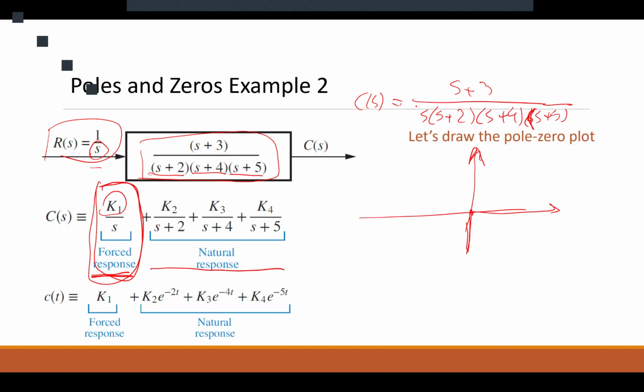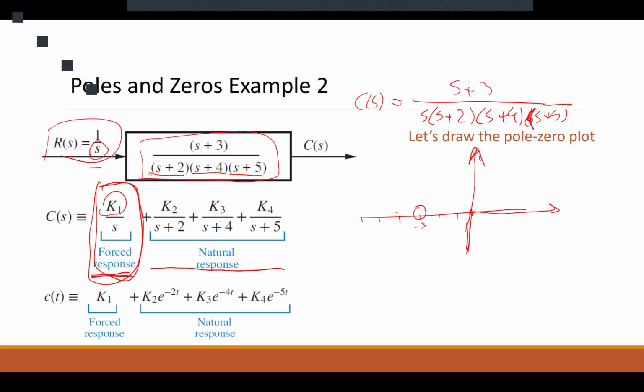Now look at this. The numerator has one zero, which is at minus 3. Okay, so let's say 1, 2, 3, 4, 5, 6. So we have one zero at minus 3. Are we good?